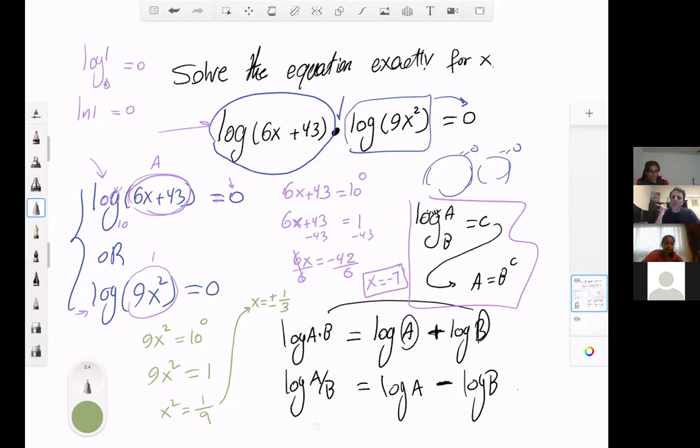Now, in order to put this in the computer, usually they ask you to put it in increasing order. So we got negative 7. I put negative 7 first, then negative 1/3, and then positive 1/3. If you rearrange them, it's not going to work.